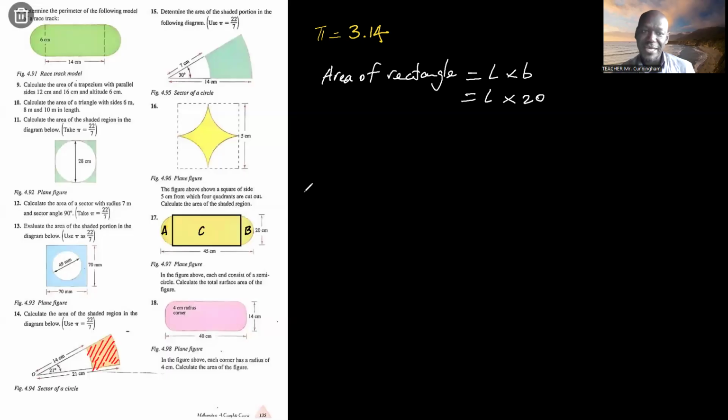Now, let me give you a hint. The entire length of the structure of the shape is 45 centimeters. The 45 below here. So all I want to know is this length here, from here to here only.